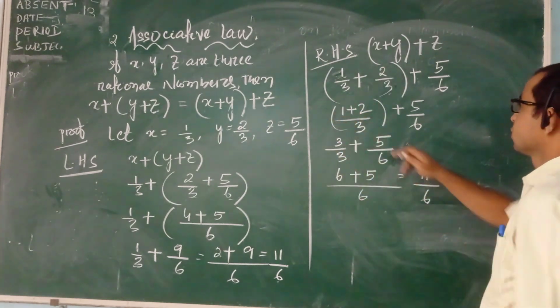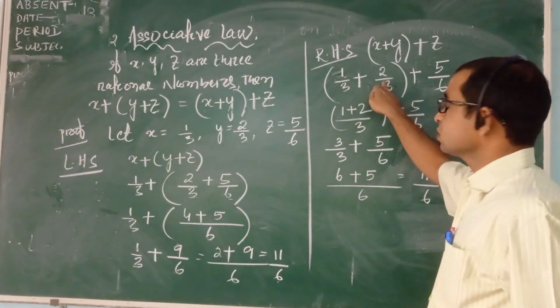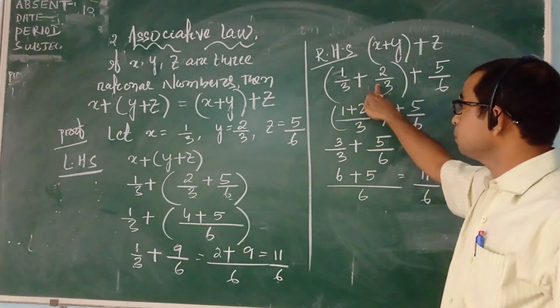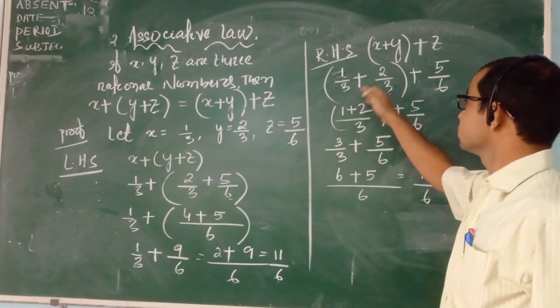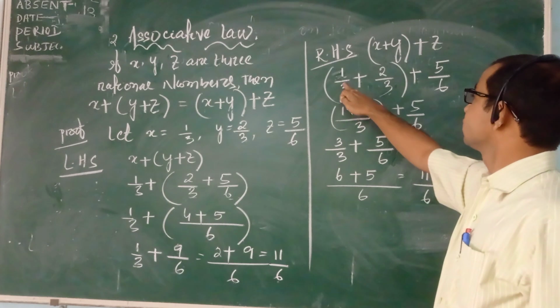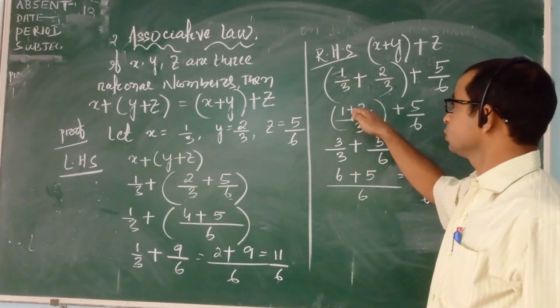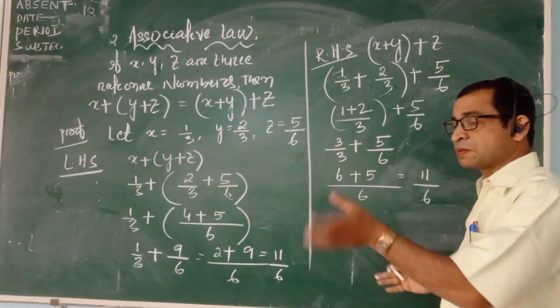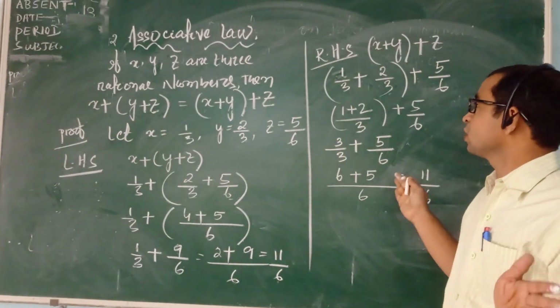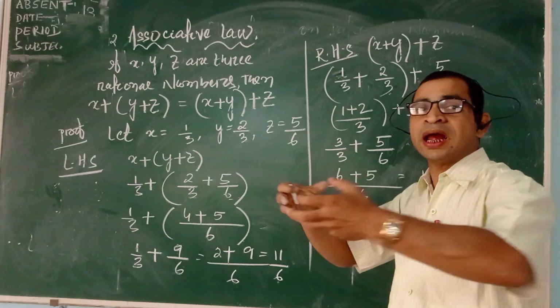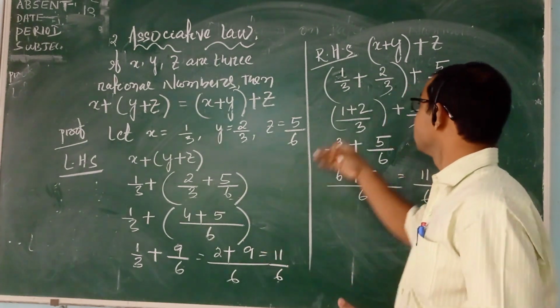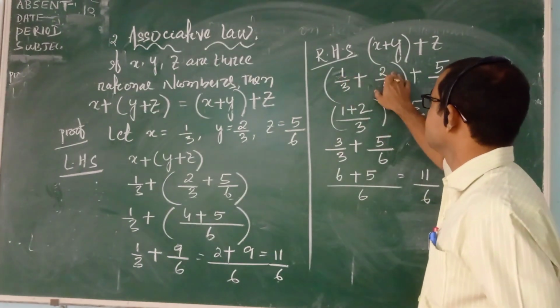Let us add. The LCM of 3 and 3, both are like fractions. We have already read in class 5 how to add like fractions. Simply you can easily add 1 by 3 plus 2 by 3. So 3 is the LCM, 1 plus 2. You do not have to do anything here; when it is a like fraction, no need to find out the LCM. Simply the denominator remains same and you add all the numerators.